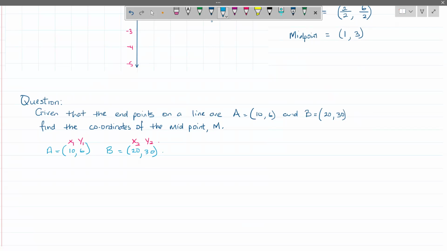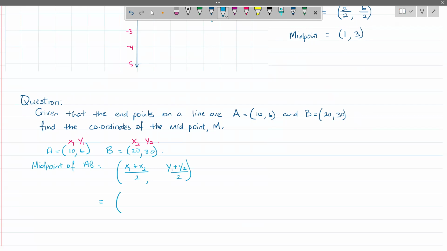Next thing is you want to write the formula. Midpoint of A, B. Always quote your formula. Let's begin by quoting the formula and then dropping your values in it.